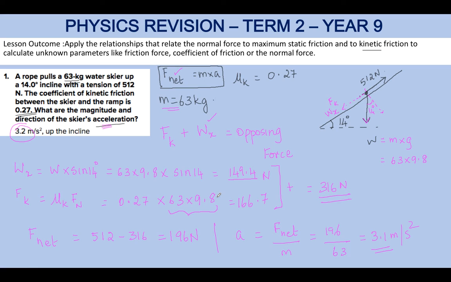Add them up to get the total opposing force, which is 316 Newton. Then take the difference, that gives F net. Then from F net you find acceleration by substituting into the formula. I hope you got it. I know this is a little tricky one, but practice such questions so that it will be easy while you're solving questions during the exam. All the best.